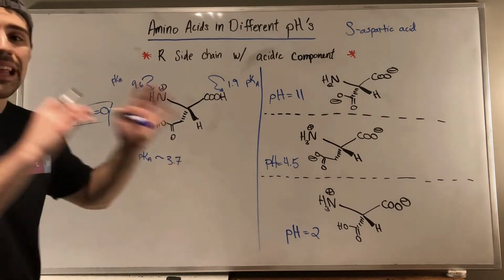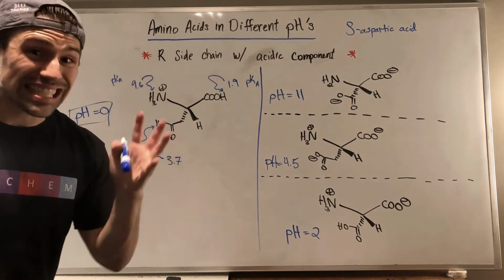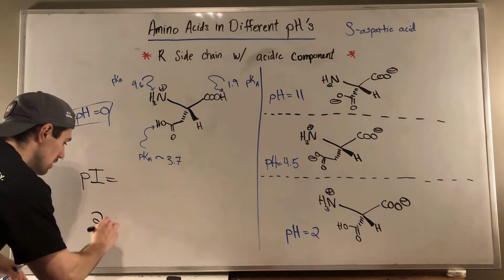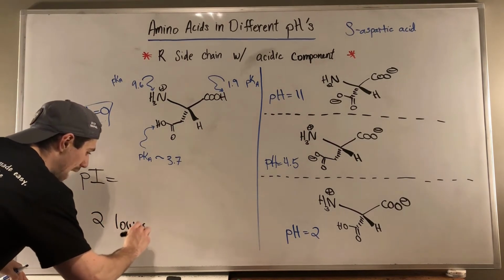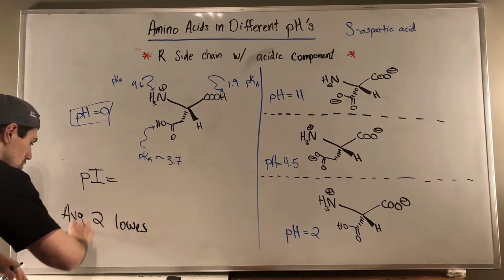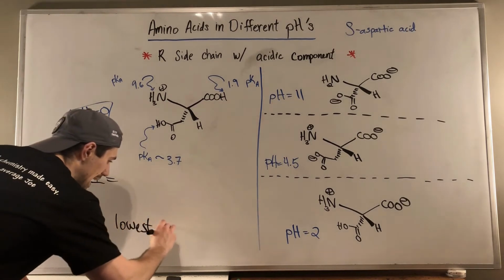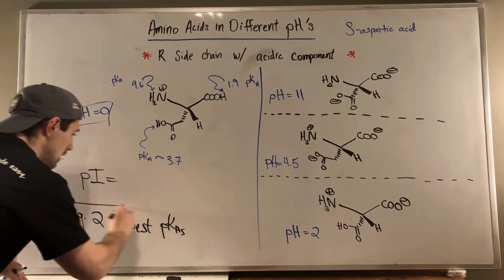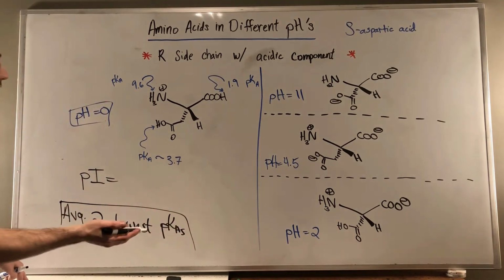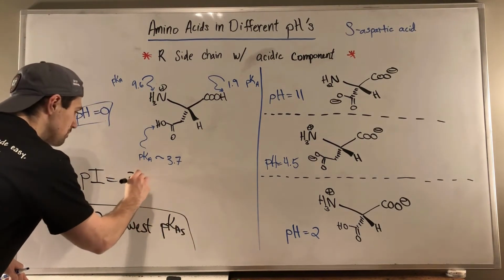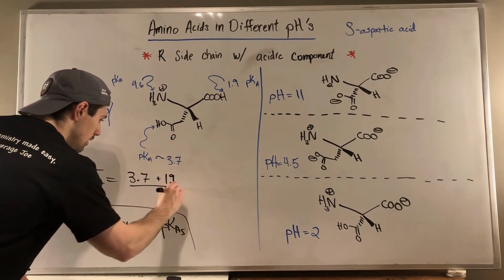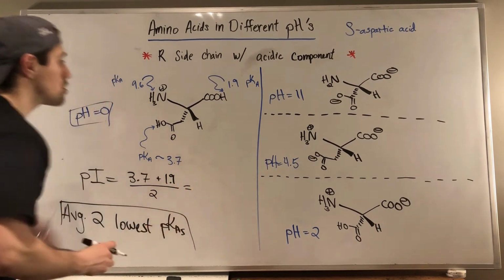So the way that shakes out is when you have an acidic side chain, you average your two lowest pKa's. Here, that means we would take 3.7 plus 1.9 and divide by 2, because those are the two lowest.